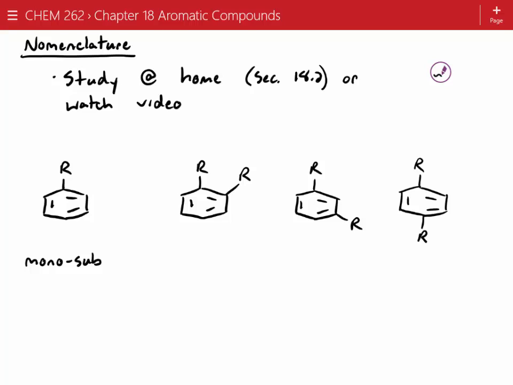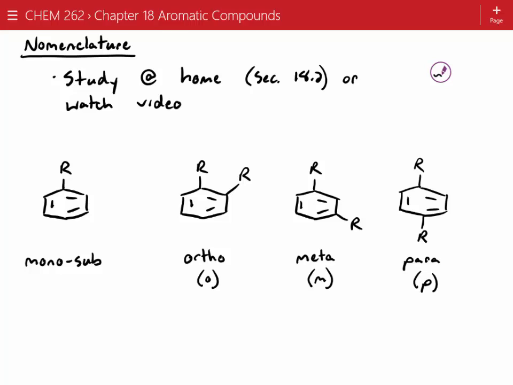Oftentimes people will say 1,2, 1,3, or 1,4, but there's another common naming system that's preferred by most chemists. This first one is called ortho, or you just abbreviate it O. The next one is meta substituted, or people just abbreviate this as M. And the last one is called para substituted.